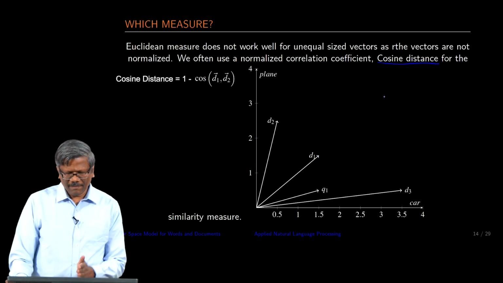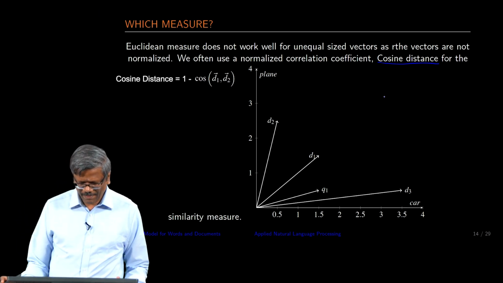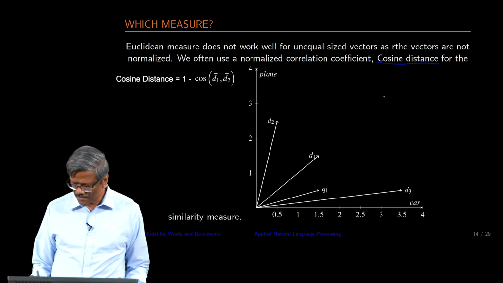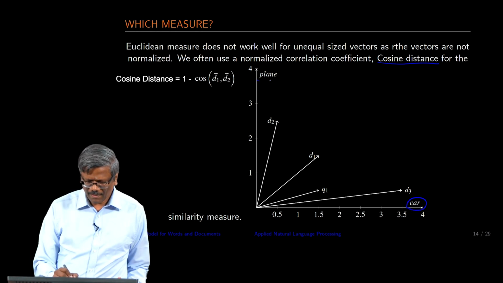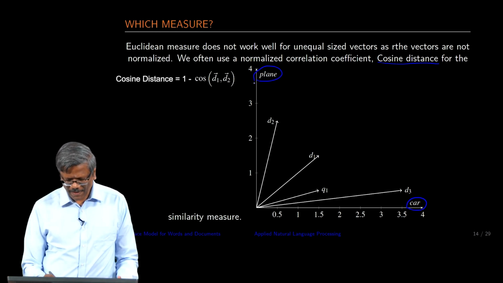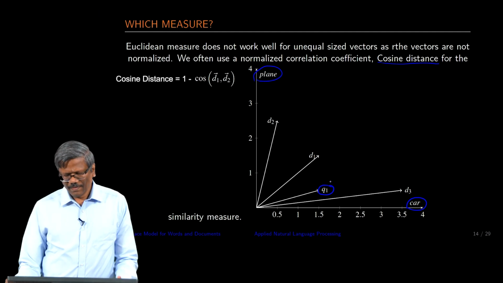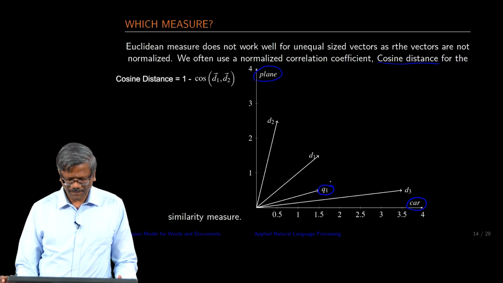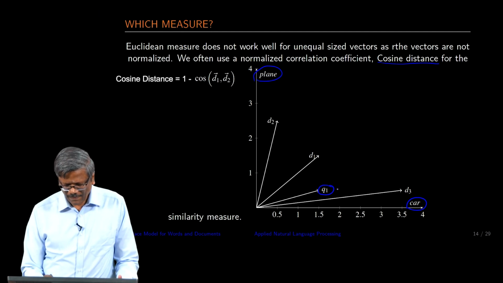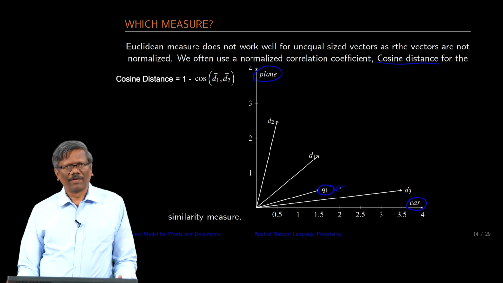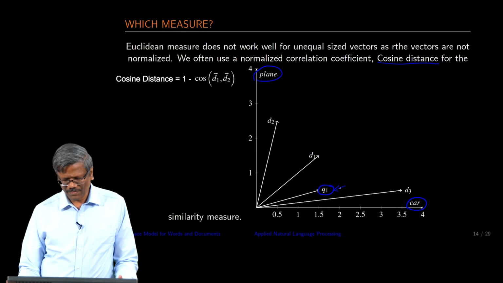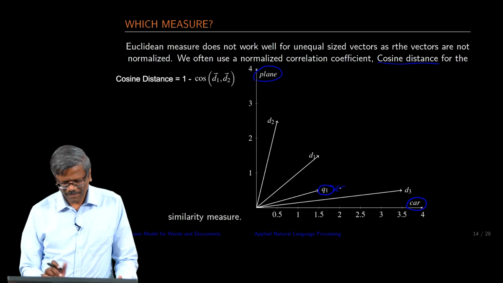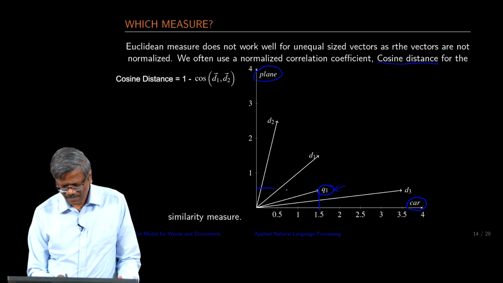So, for the sake of representation, I am going to be taking two words, car and plane. We have a query here, based on the term frequency and the length. So, we have a query in this direction of length here.